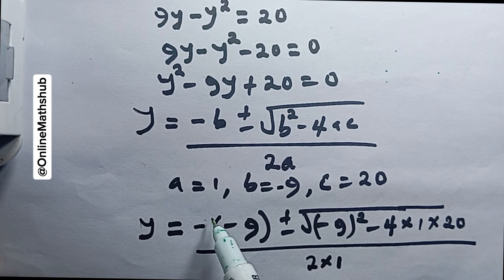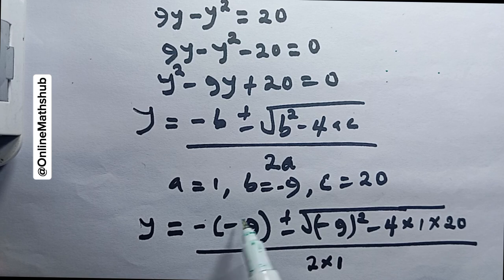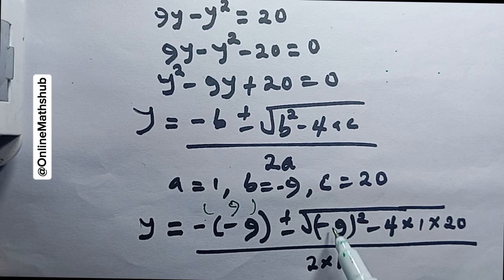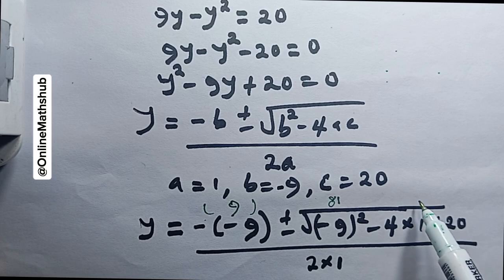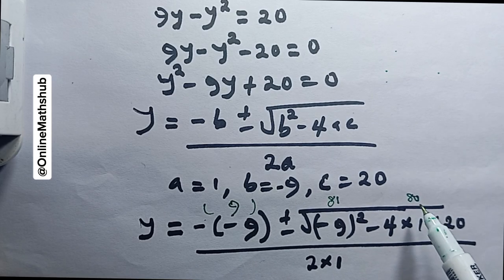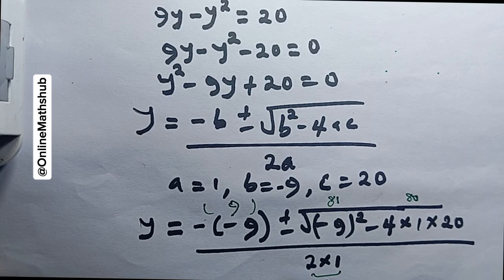Okay, and of course this one is actually going to change to 9. Minus times minus is plus, so this one will be equal to 9, and then this minus 9 squared will be equal to 81. Okay, and then of course 4 times 1 times 20 will be equal to 80, and the denominator will be equal to 2.